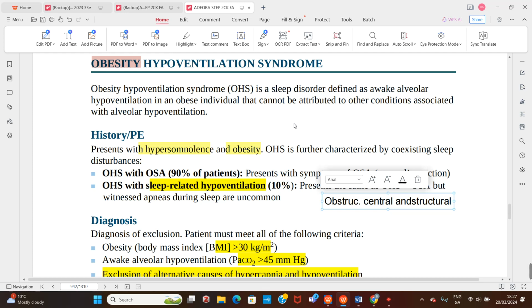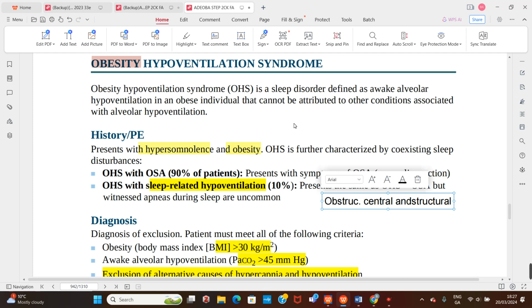For obstructive sleep apnea, they are going to give you the laboratory values for daytime and nighttime. You notice that at night they are going to have hypercapnia. By the time they wake up in the morning, hypercapnia is gone. But for these guys, at night there's hypercapnia, and in the daytime there's hypercapnia. So you don't even need them to give you both. Most of the time, they will only give you one.